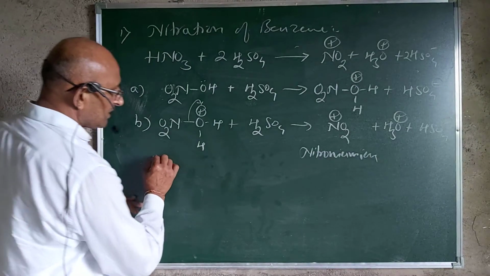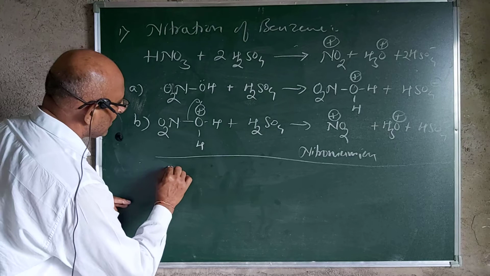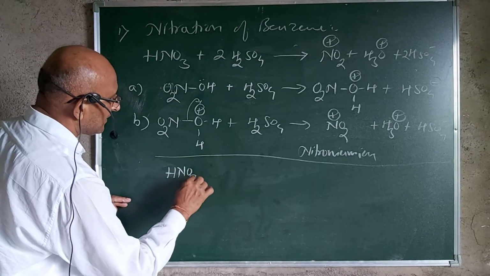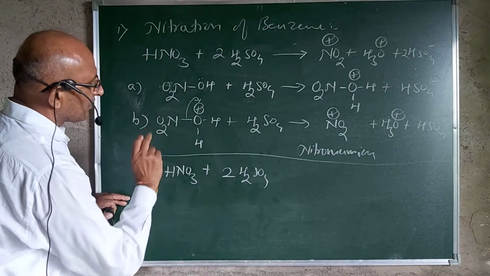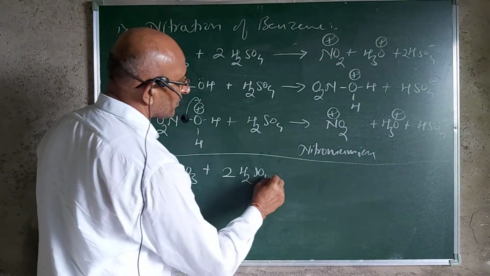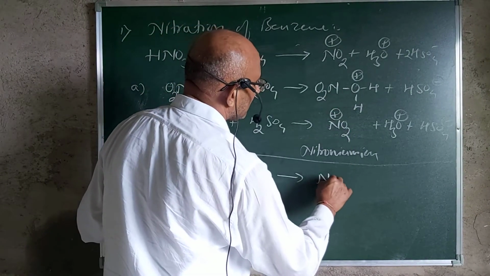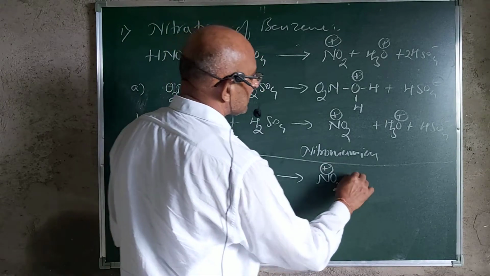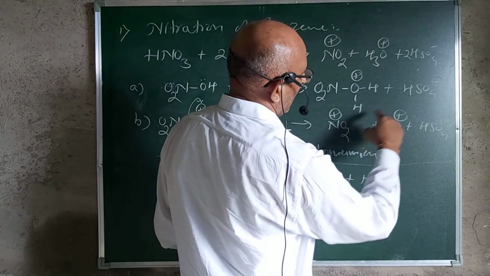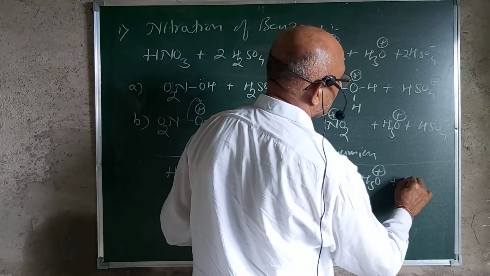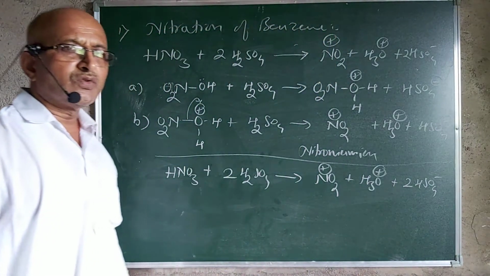If you see the net reaction that we have studied, one molecule of concentrated nitric acid with two molecules of H2SO4. Here only one molecule was shown in the first step, but two molecules of H2SO4 are utilized, and you get the overall formation of the nitronium ion plus the hydronium ion, H3O+, and two conjugate bases, that is 2 HSO4−.